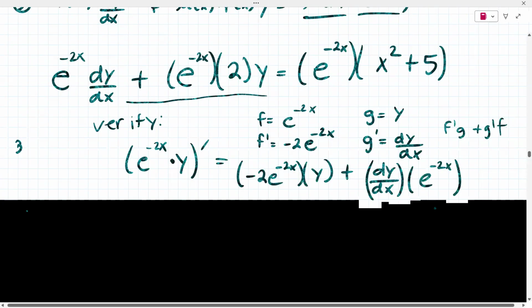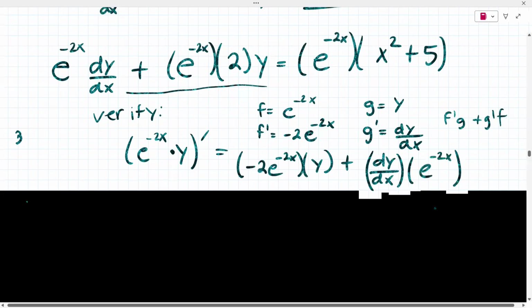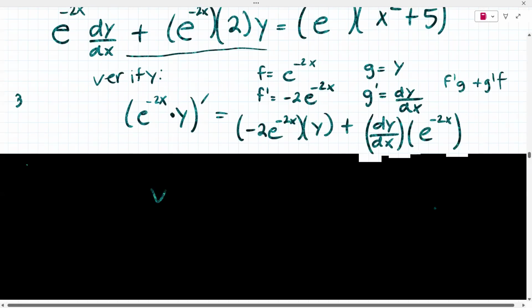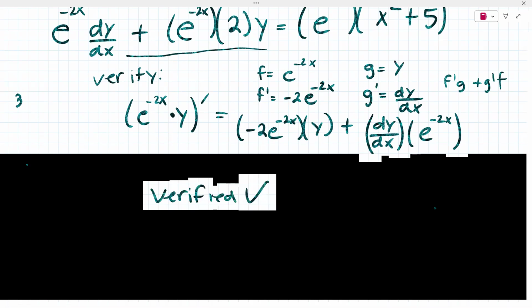And yeah, this exactly looks like the left side, so verified. Okay. The next step is to integrate both sides.